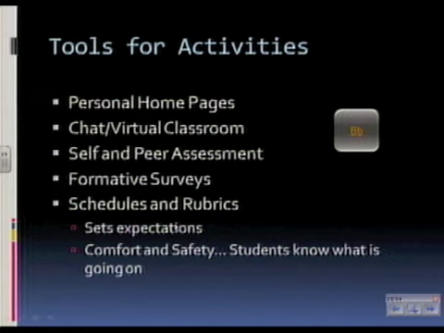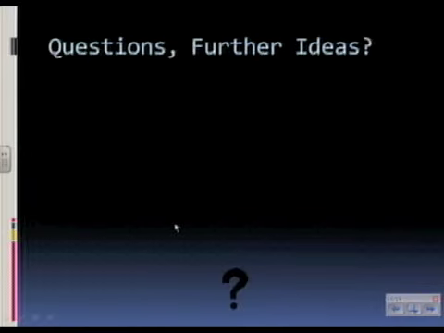And you have, like my one student saying, you give me one more thing to do badly on. You don't want them to feel like that. You want them to feel like this is a way for them to express common interests and join the community. So, any questions, further ideas?